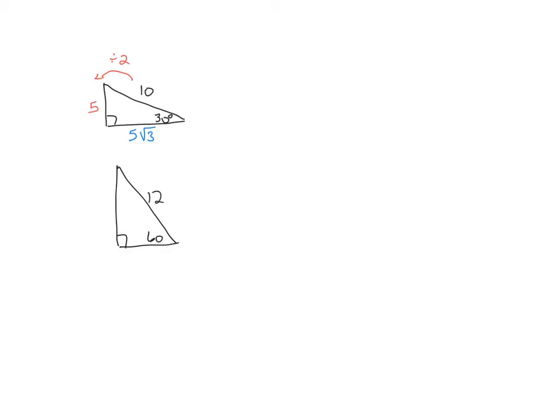So if this was 12, going toward the short side, divide by 2, and we get 6. And then over here, we'd get times square root of 3, so 6 square root of 3. So we'll never jump from, again, the hypotenuse to the long one.